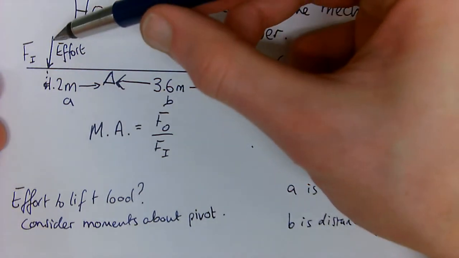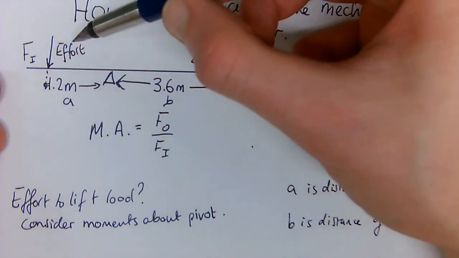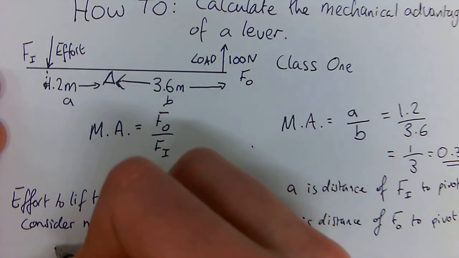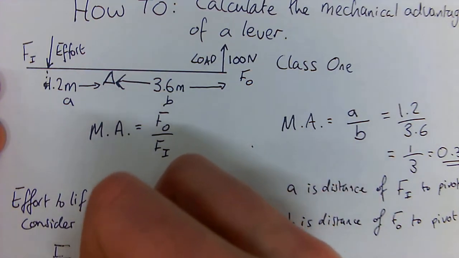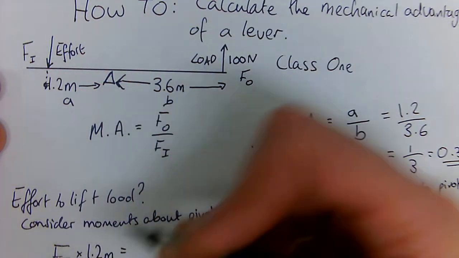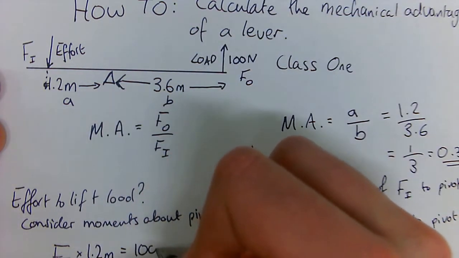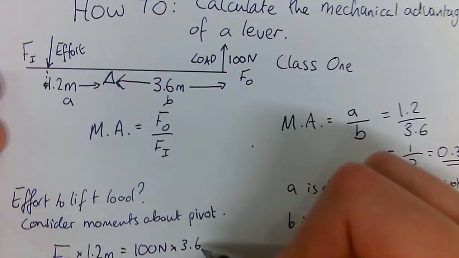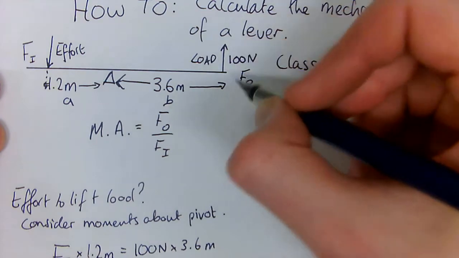We've got a moment provided by our effort, and a moment is a force times a distance. So F in times 1.2 meters is going to be equal to 100 newtons times 3.6 meters, because that's the moment our load has.